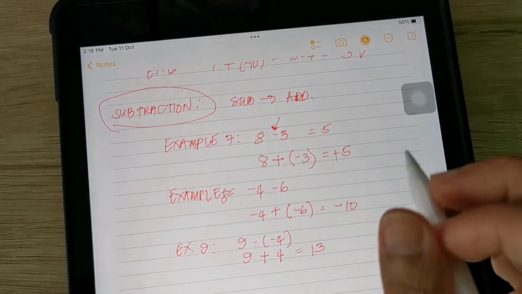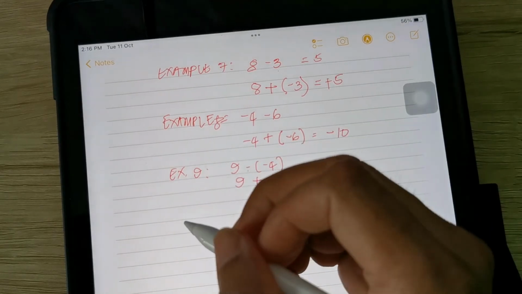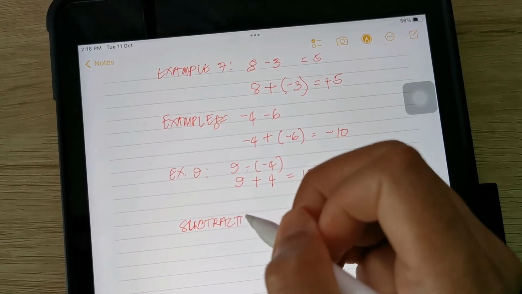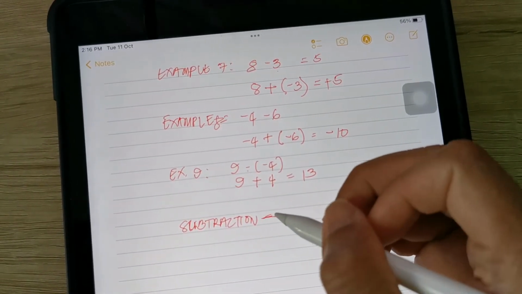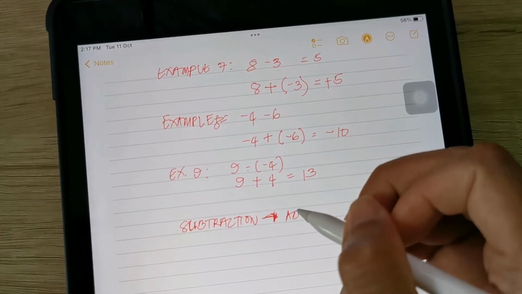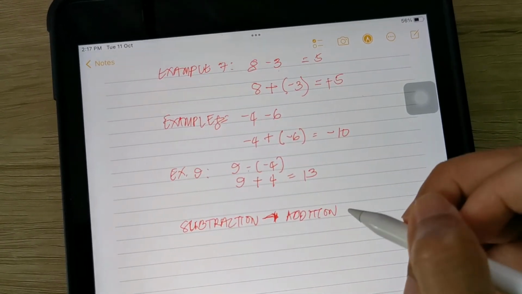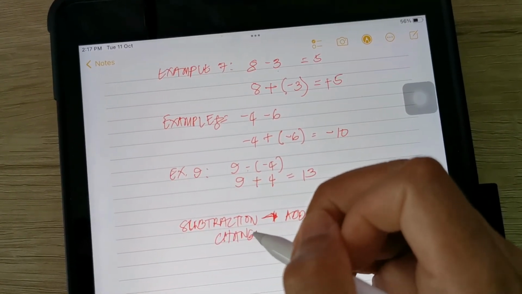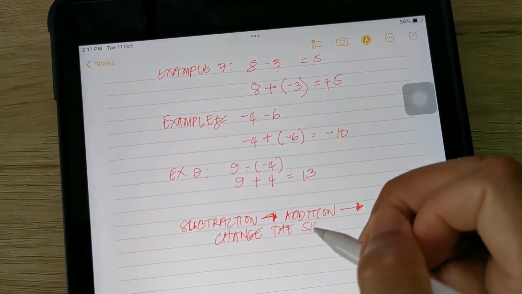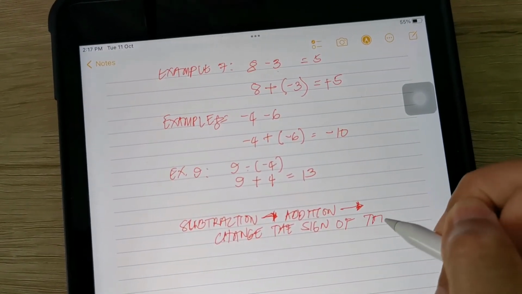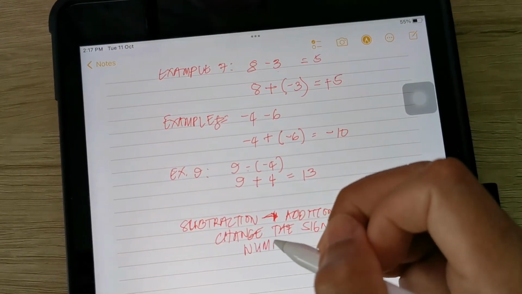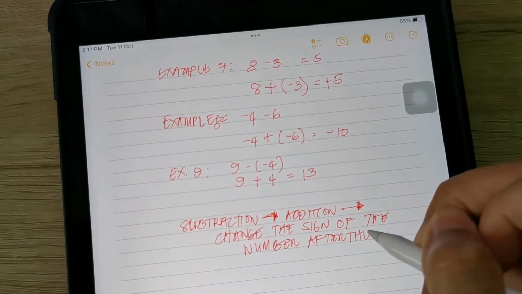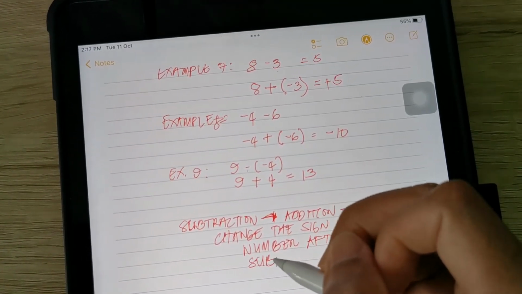Okay? Again, ang gagawin natin from subtraction, proceed to addition, and change the sign of the number after the subtraction sign.